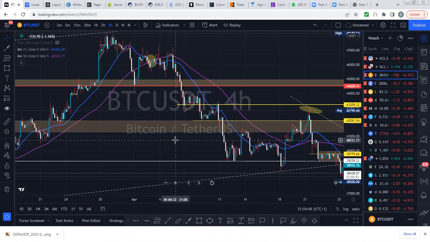When this occurred, it gives you a sell signal, as it indicates that the trend is shifting downward. So this is known as a dead cross.